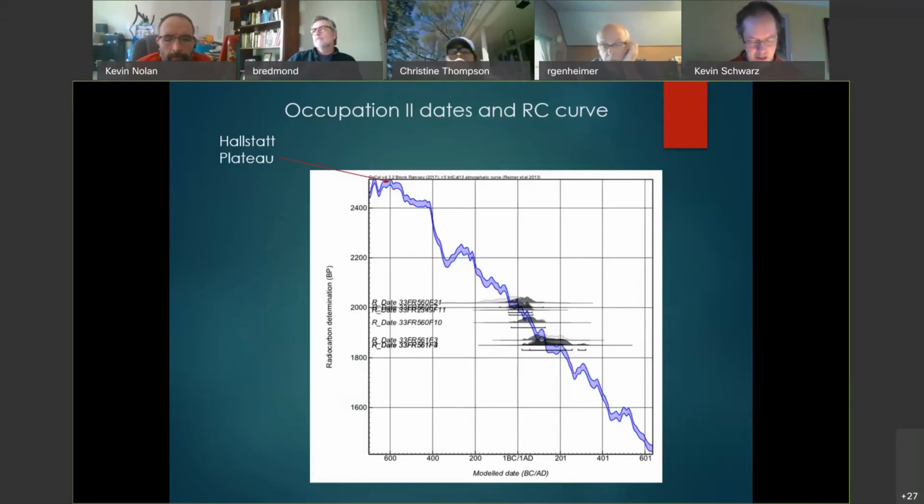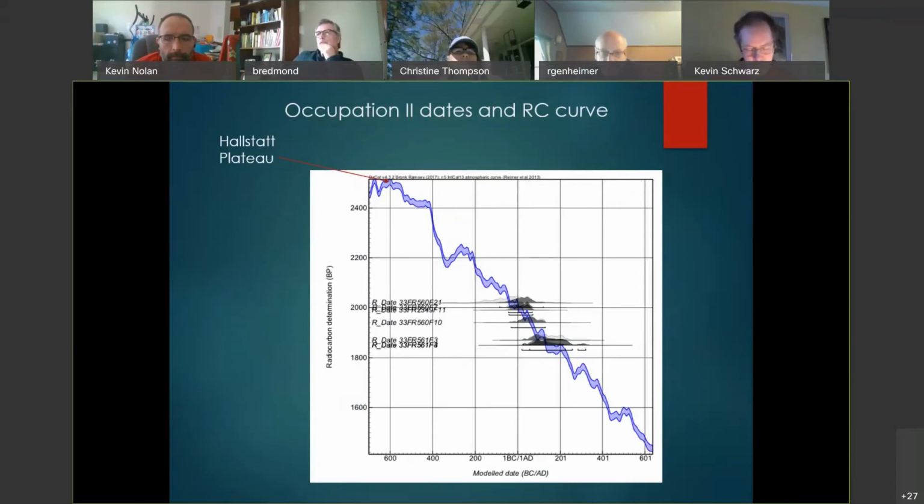So you can have a perfectly good radiocarbon date, but if it falls on a plateau like this Hallstatt plateau, which is 400 years long, it's going to give you a very long temporal span because it cannot resolve the data any better. The Hallstatt plateau was named after a region in Austria where they were reconstructing in the Neolithic, and they found that this was causing massive problems.